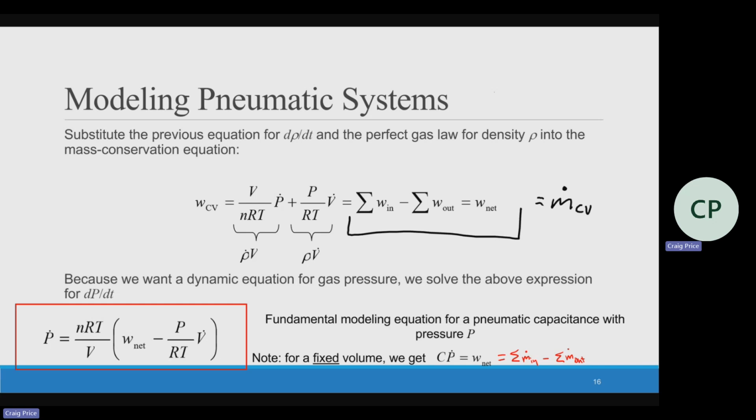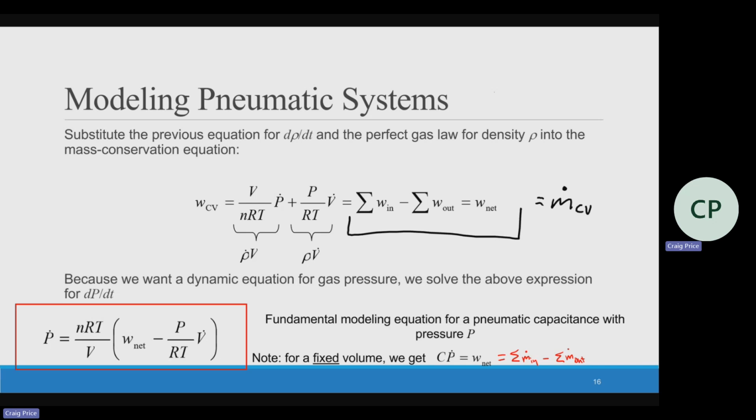So if I have a pneumatic capacitance and I'm looking for the pressure, we can solve for it using this equation. That's on the equation sheet. Pressure dot, the change in pressure with respect to time, is equal to, notice this is just 1 over capacitance, that thing is flipped, multiplied by the net change, which is sum of inputs minus sum of outputs.